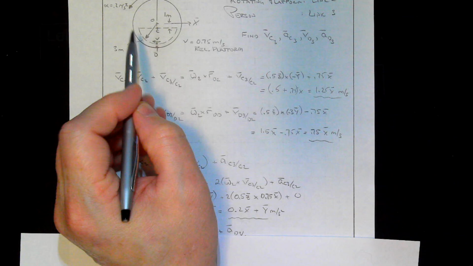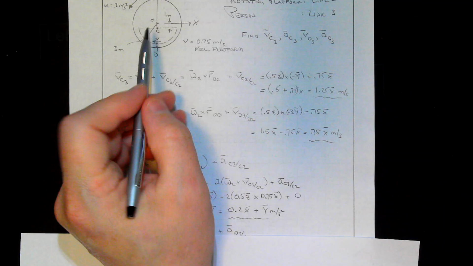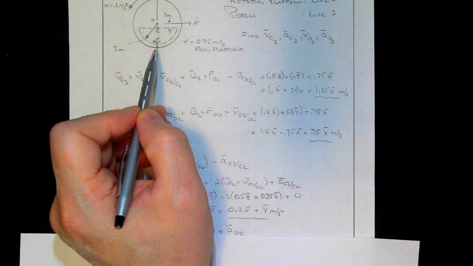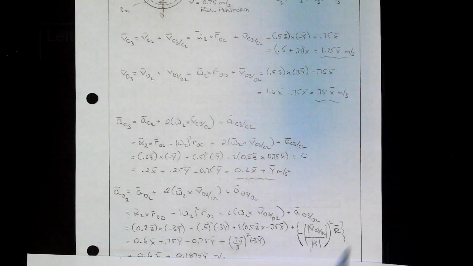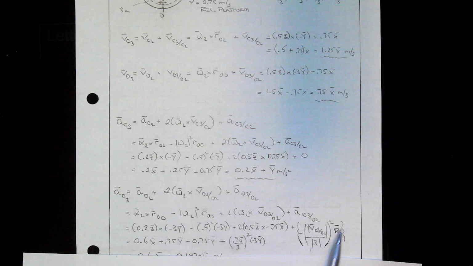At C. So what is C doing on the merry-go-round? Well, it's just omega cross R. We know omega. And R is just minus 1y. This is the relative term. If somebody's laying down and viewing the merry-go-round as if it's on the ground, what do they see you doing? Well, they see you walking to the right here at 0.75 meters per second.